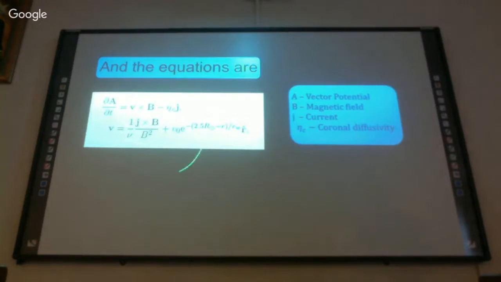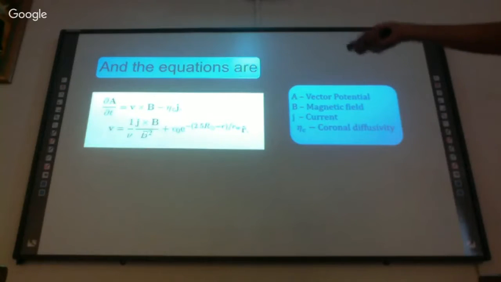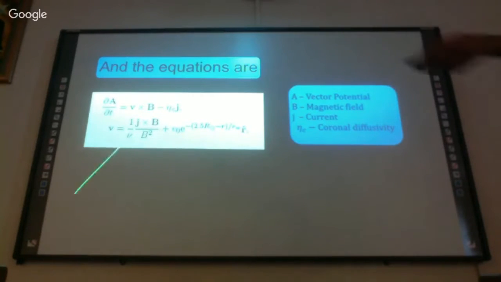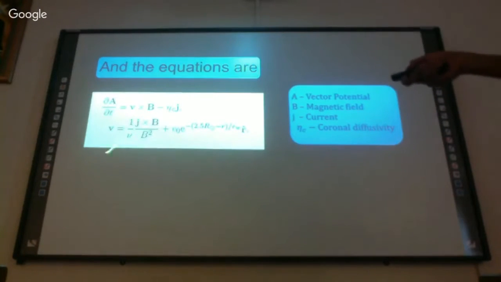Since we assume that the velocity is determined only by the Lorentz force, we take the velocity as proportional to J cross B. This is the magnetic frictional coefficient, which determines how fast you want the velocity to be or how slow you want it to be. We fix this so that our code is stable. If you have this too low, the velocity will become very high and your code will become unstable. So this has to be fixed carefully.